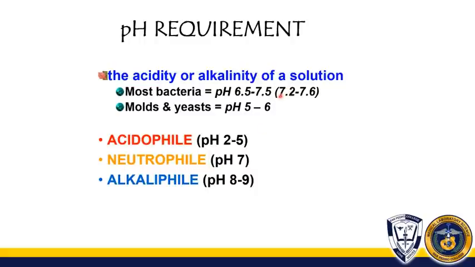Most bacteria's optimum pH for growth is at 7.2 to 7.6, while those that grow best under alkaline conditions are called alkaliphiles, with optimum at pH 8 to 9.